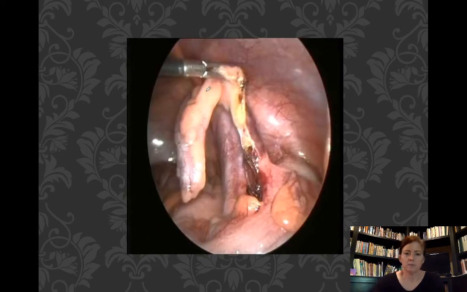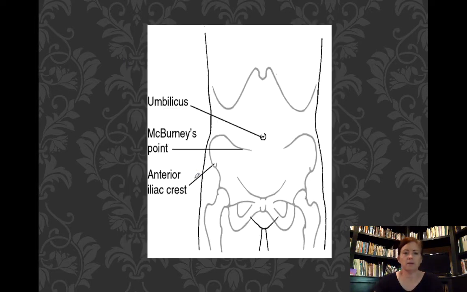And this is what it looks like. Here's a little appendix from an endoscopy procedure where they'll just go in and clip that appendix, hopefully before it ruptures.